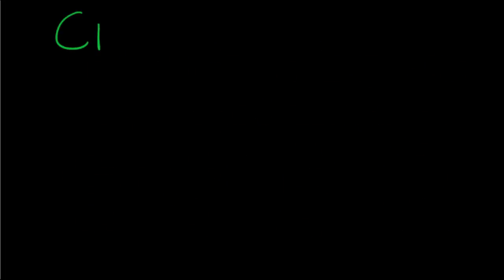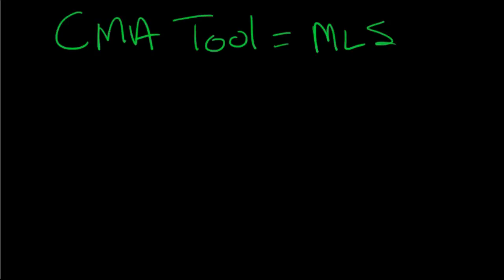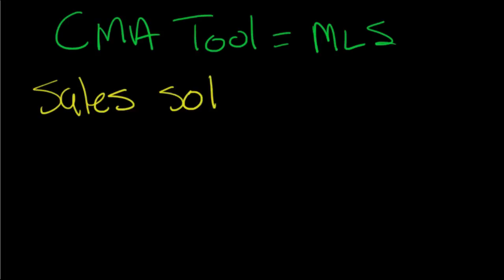There's a CMA tool built right into the MLS, or at least most of the MLS services out there, that helps you compare properties. Because basically, what we're doing here is we're comparing recent sales, and that's the key part. You've got to compare stuff that's been sold, actual stuff that went on the market and sold.